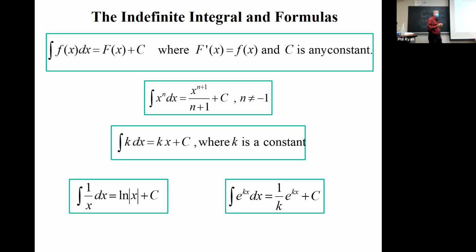So the main thing is antiderivatives are taking the inverse of derivatives. So whenever in a derivative you would multiply, with an antiderivative you divide. Remember, when you took the derivative of e to the kx, you would multiply by k.